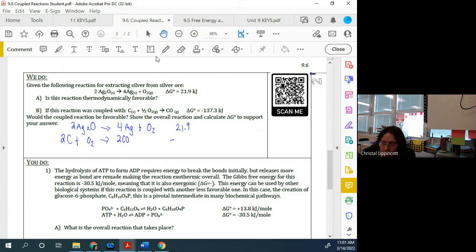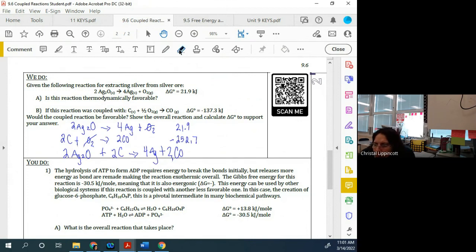So negative 252.7. Okay. And my oxygens will then cancel out. That's going to leave me an overall reaction of 2Ag2O plus 2C yields 4Ag plus 2CO. And my overall reaction here, then the amount would end up being, oops, I wrote this down wrong.